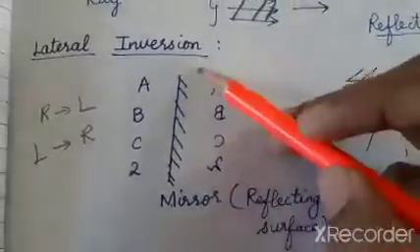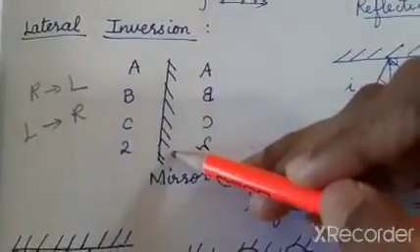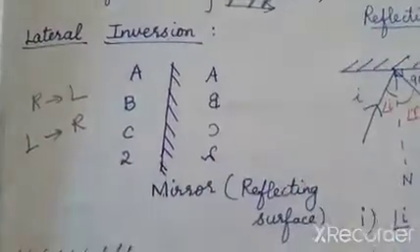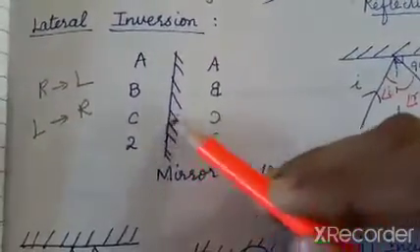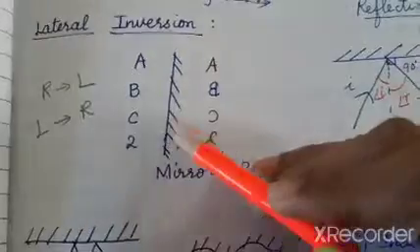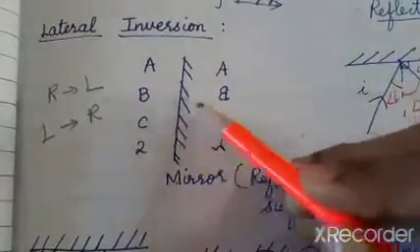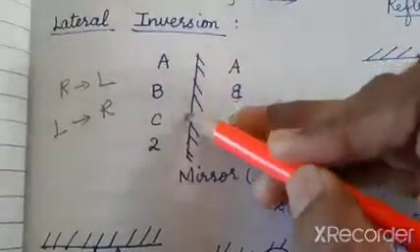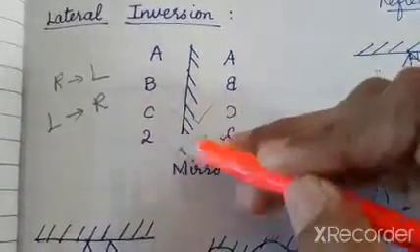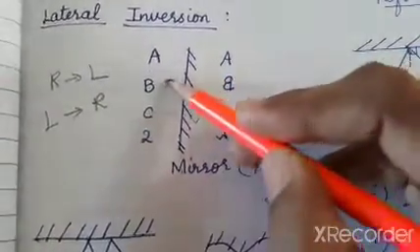I cannot bring a mirror and keep it here on my notebook. So we need to represent the reflecting surfaces by a straight line with backslashes like this. It means this side is the reflecting surface and this is the non-reflecting surface. The plain one is the reflecting surface on which the light will come and hit.